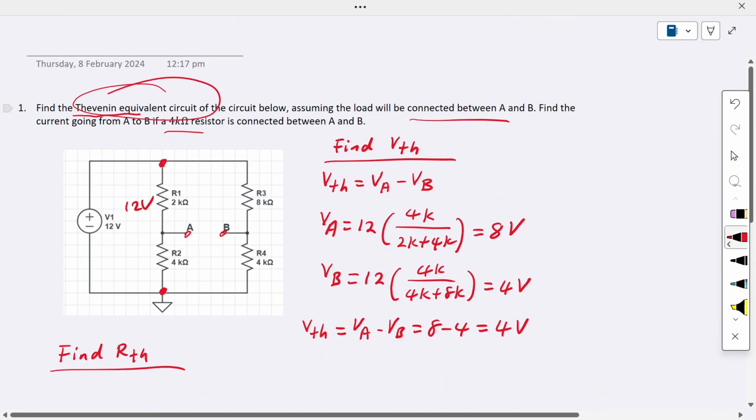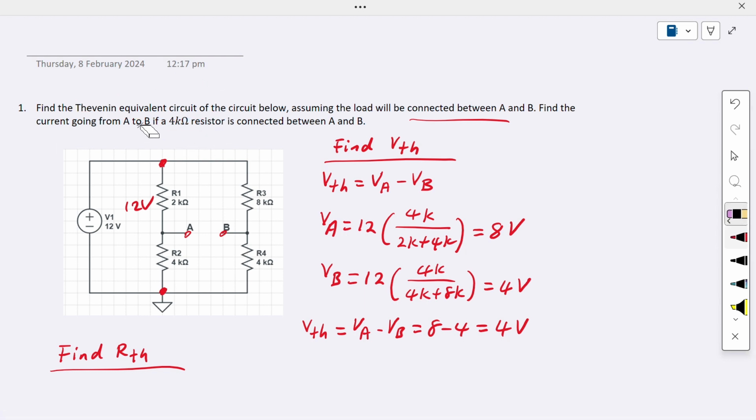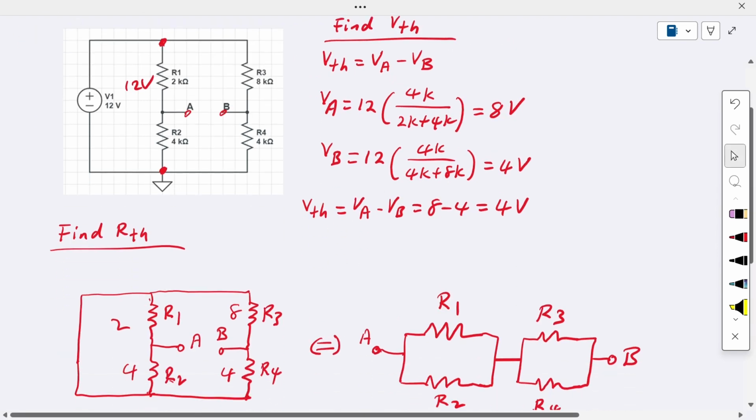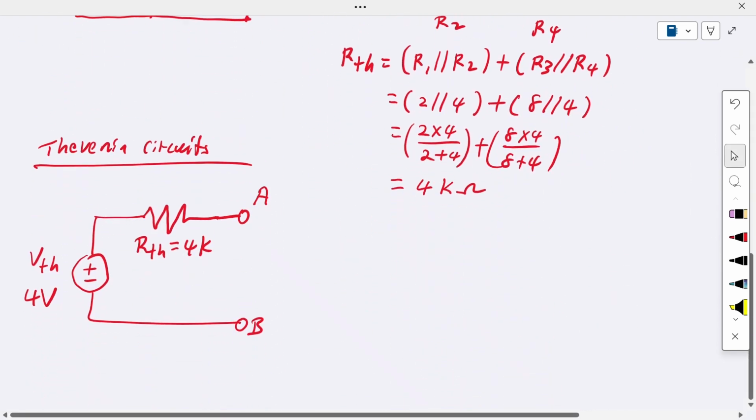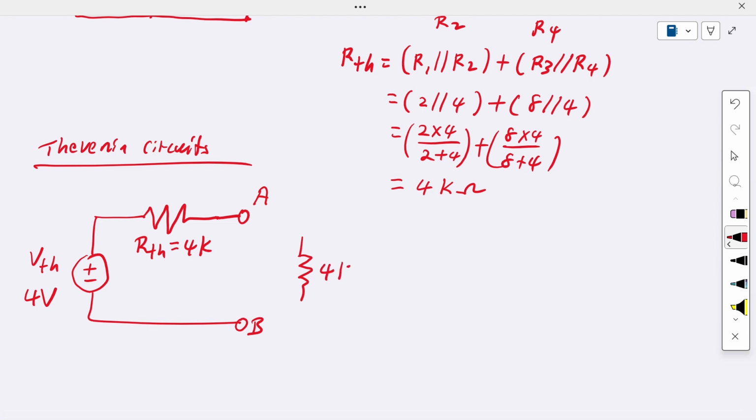The next thing we want to find out is the current flowing through the 4K resistor, if the 4K resistor is connected between A and B. So between A and B here, we have this 4K resistor. We're going to connect it to this Thevenin equivalent circuit to find the current. Let's assume that the current flowing in this circuit is denoted as I. So what is the I value?